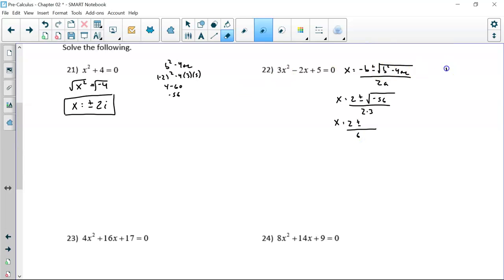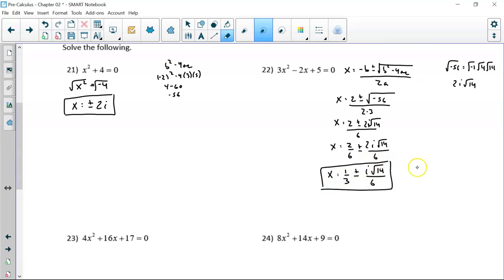Now the square root of negative 56. That's the square root of negative 1, the square root of 4, and the square root of 14. So with all that, we end up with 2i square root of 14. So x equals, now split them up, 2 over 6 plus or minus 2i square root of 14 over 6, and reduce the fractions: x equals 1/3 plus or minus i square root of 14 over 3.